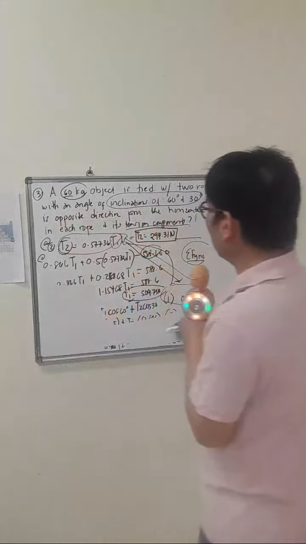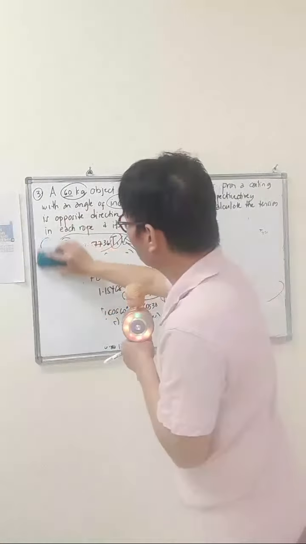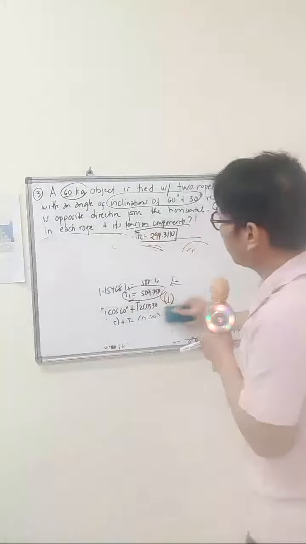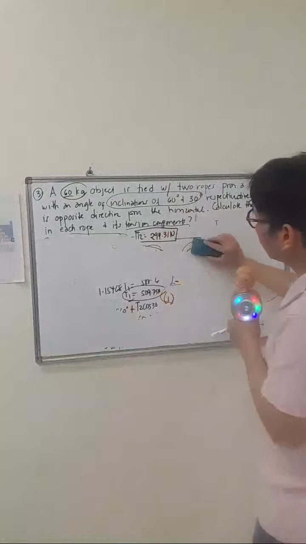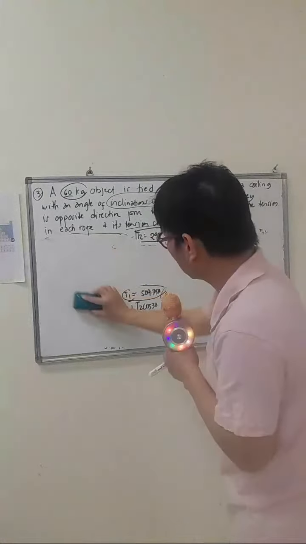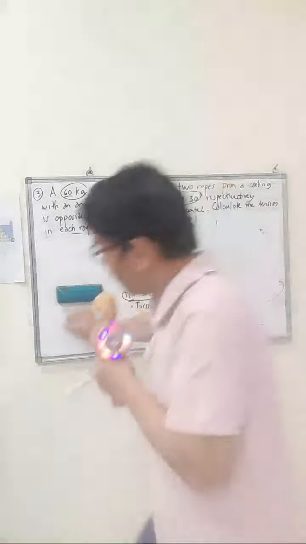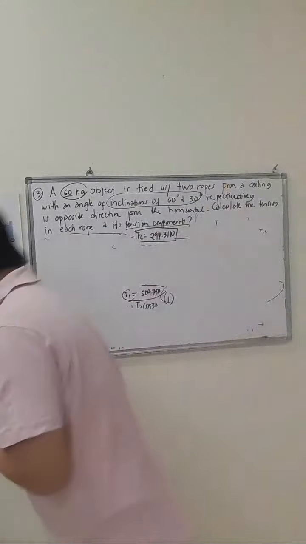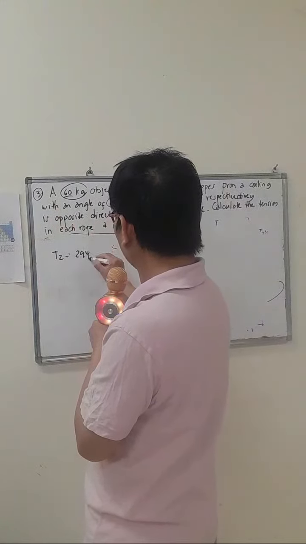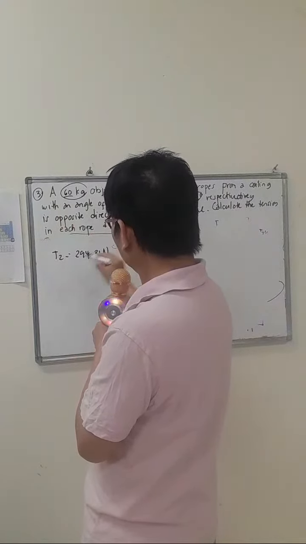So we are now having T2 and T1. Let's rewrite that in a clear space. We still need to solve the component forces, the tension forces. So we have T2, 294.31 Newton.